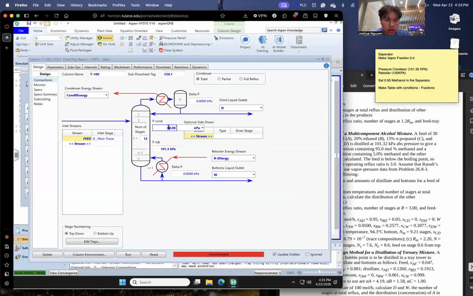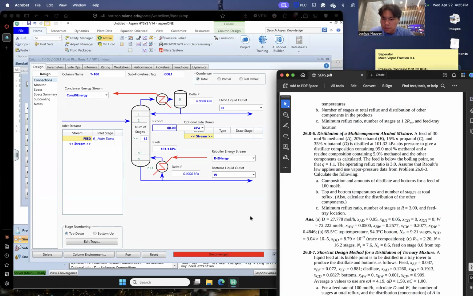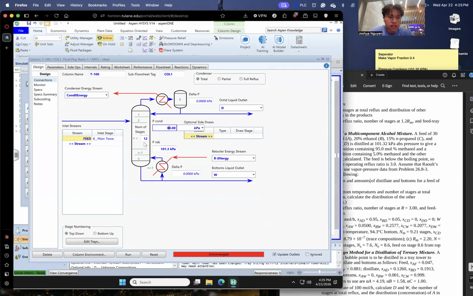Maybe I could make the pressure gradient a little more too. The problem does assume that we have the minimum number of stages, actually it's at 16. Move to 14 just to get it fancier.